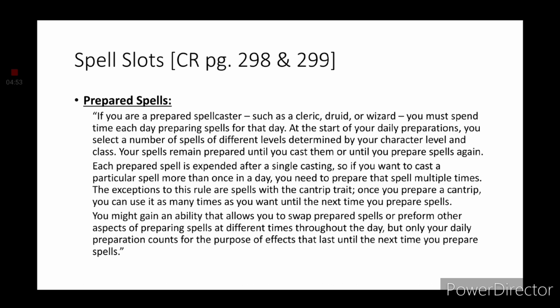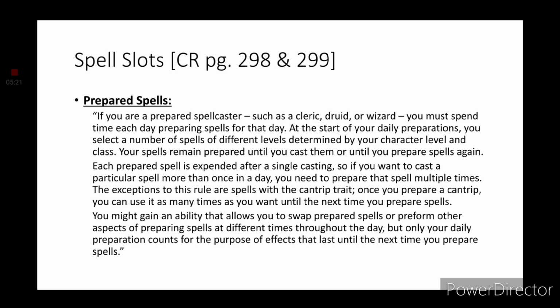Once you prepare a cantrip, you can use it as many times as you want until the next time you prepare spells. You might gain an ability that allows you to swap prepared spells or perform other aspects of preparing spells at different times throughout the day, but only your daily preparation counts for the purpose of effects that last until the next time you prepare spells.